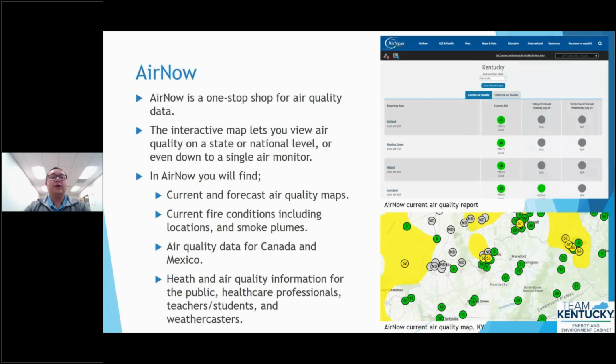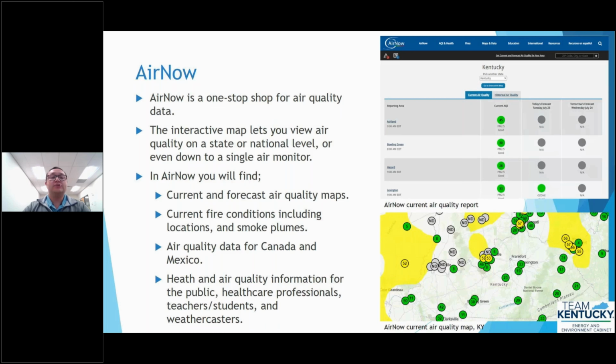So in addition to the AQI, AirNow is a great all-in-one tool for air quality data. Not only does it house and display data for the state of Kentucky, but also for air quality data collected around the country. AirNow includes an interactive map where you can view air quality data trends on a national, state, or single air monitor level.